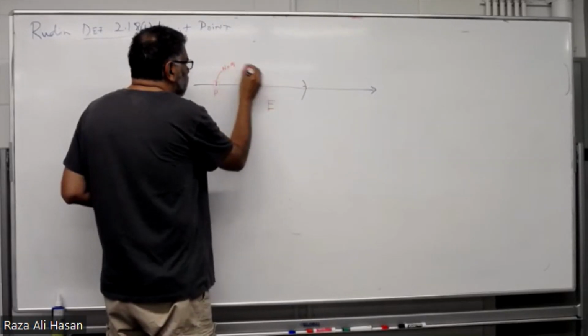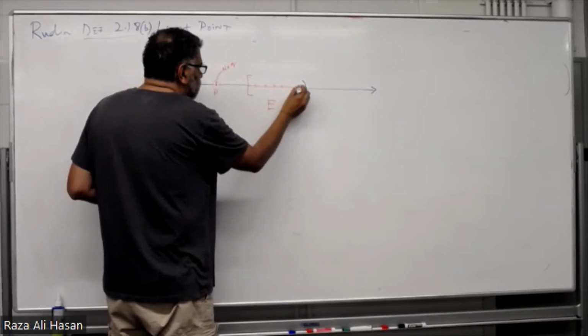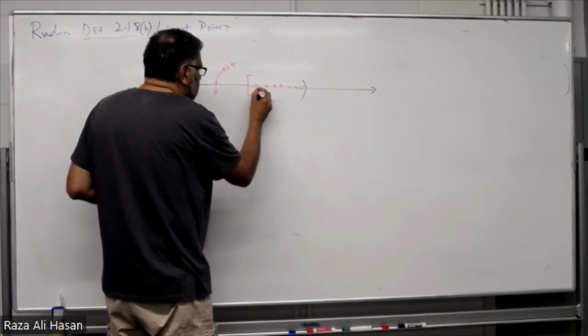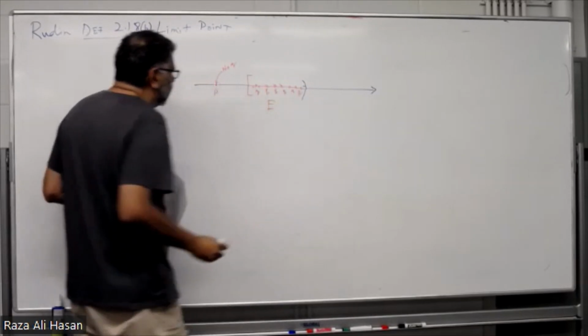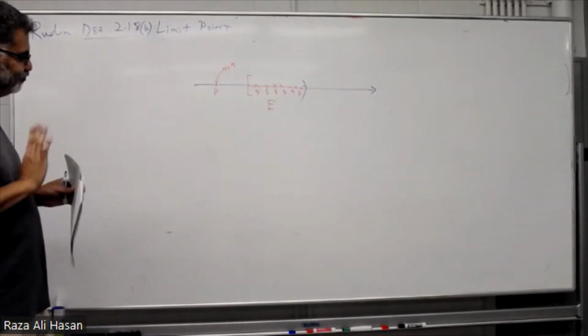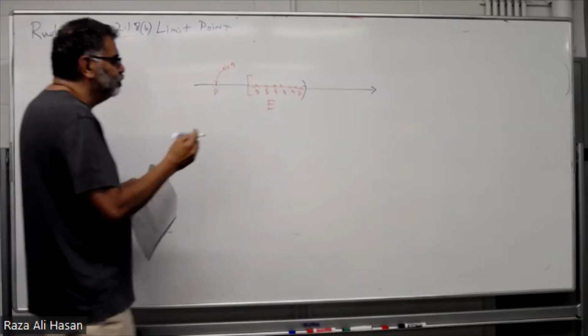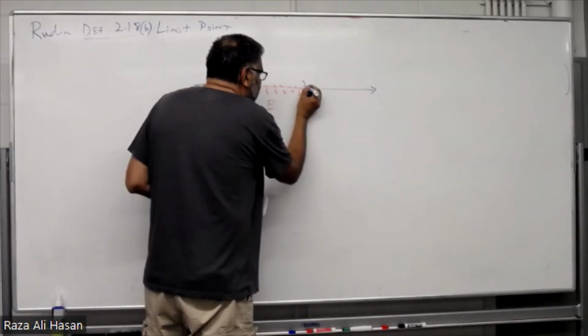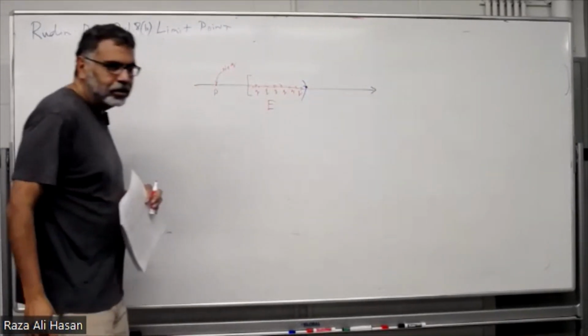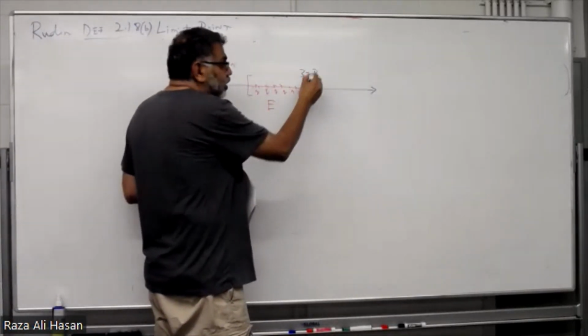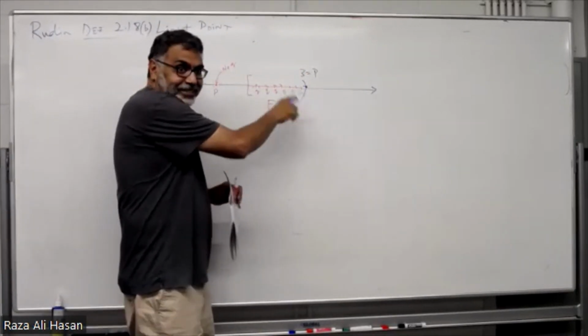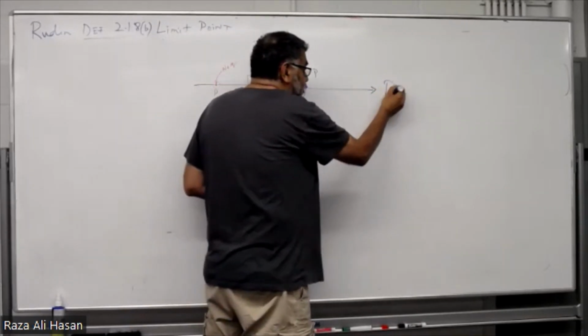We got a bunch of Qs here. Now I put P on the open side here, which means if this was 3, this will be RP, because we're on the real number line.